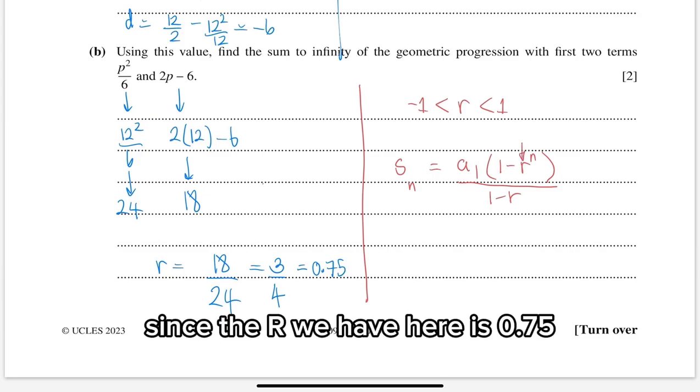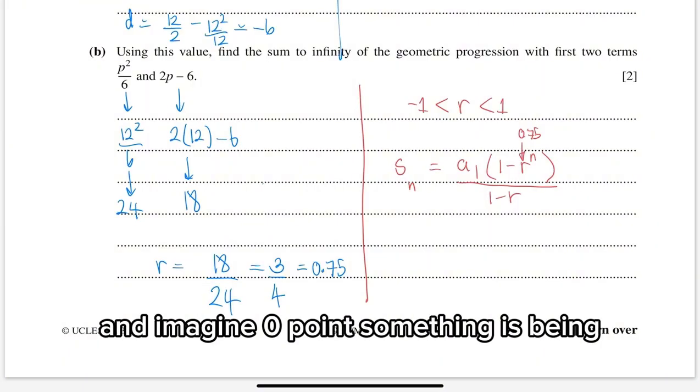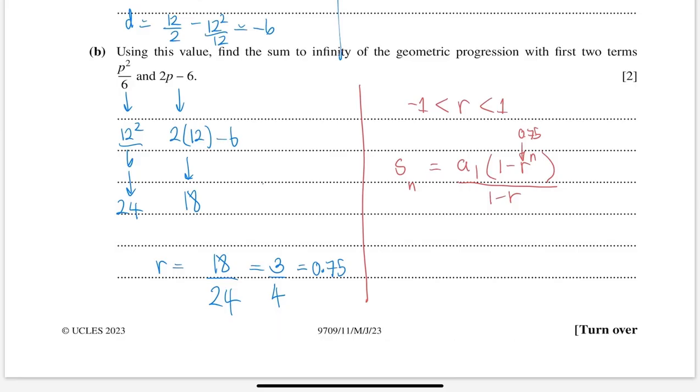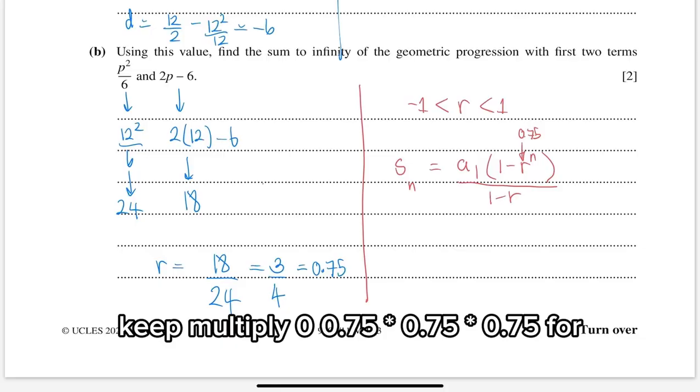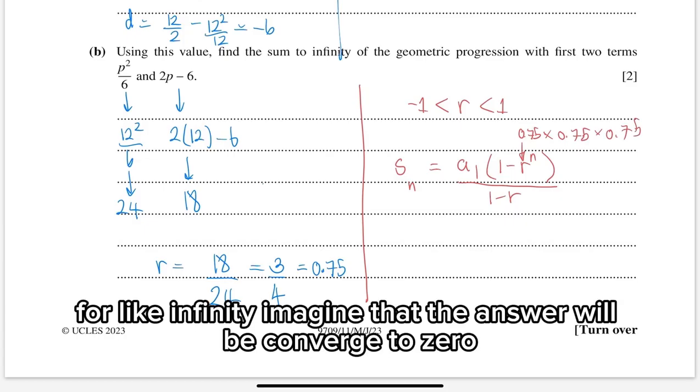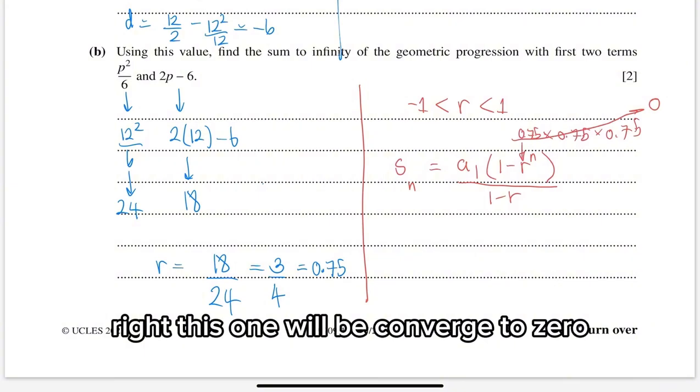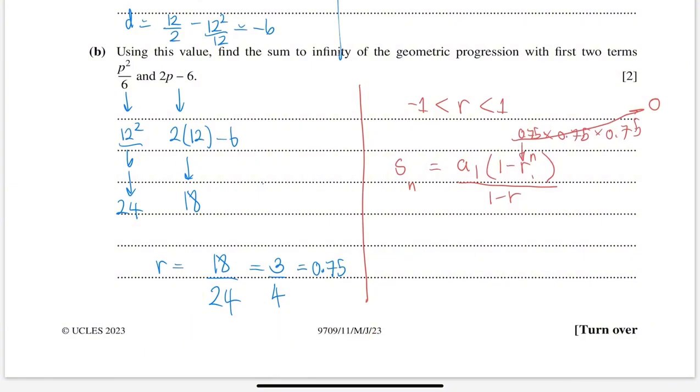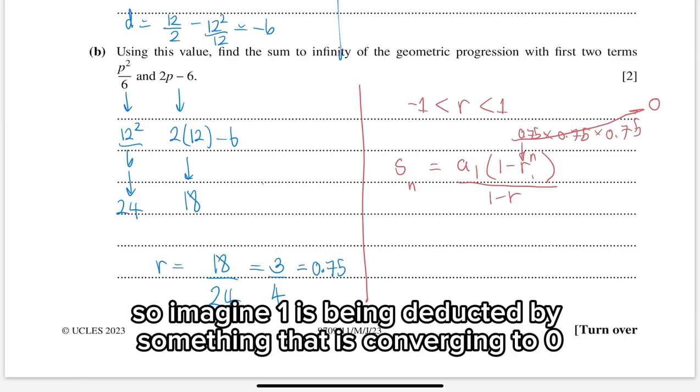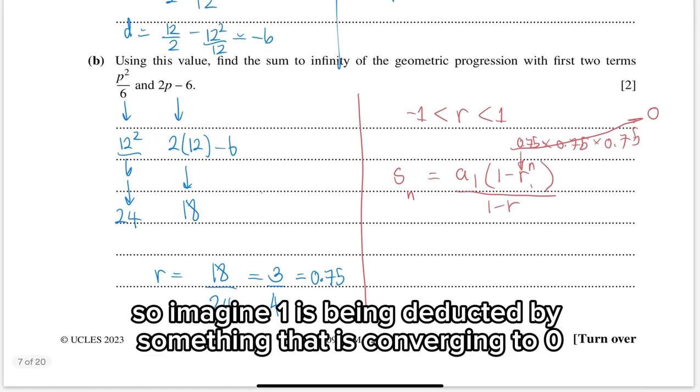Since the r we have here is 0.75, imagine 0 point something keeps being multiplied, 0.75 times 0.75 times 0.75 for like infinity. Imagine that. The answer will converge to 0, right? So imagine 1 being deducted by something that is converging to 0.